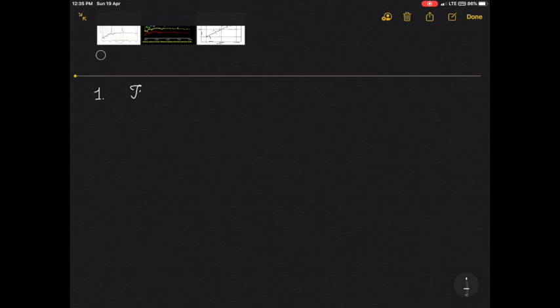So they measured distances to nearby nebulae. They called them nebulae because they did not actually know what they are.